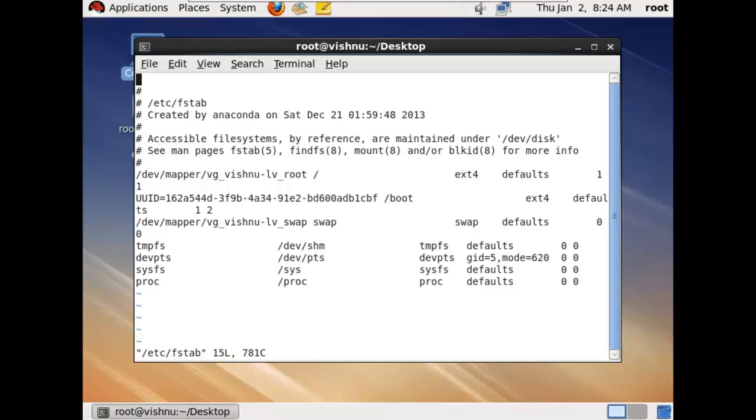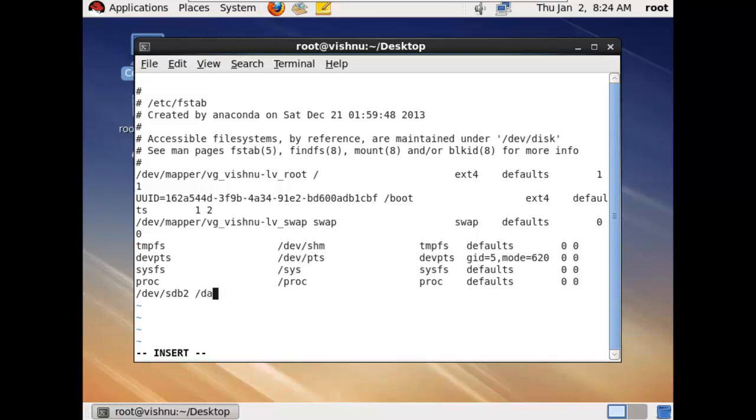Then first press escape and come into insert mode by pressing I, and come to the bottom of this file, press enter, and here you will give the information related to your volume which you want to be mounted every time, irrespective of the reboot of the system.